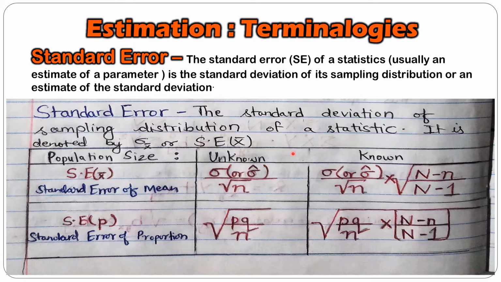When population size is unknown, we use this formula for standard error of mean and this formula for standard error of proportion. Similarly, when population size is known, we use this formula for finding out standard error of mean and this formula for finding out standard error of proportion.